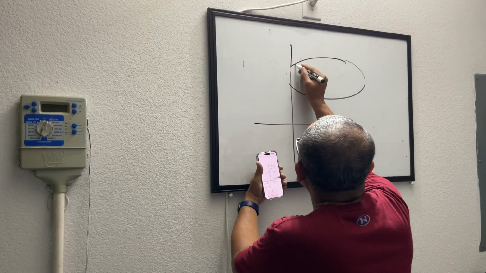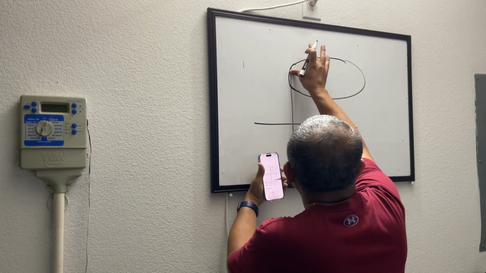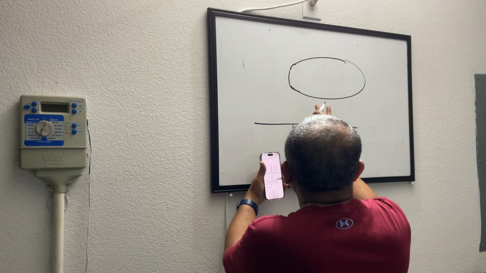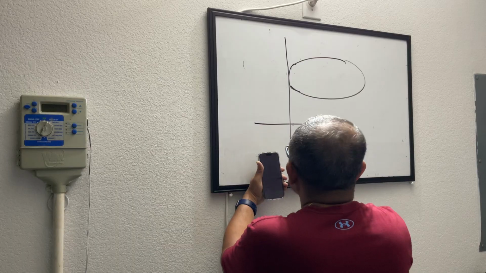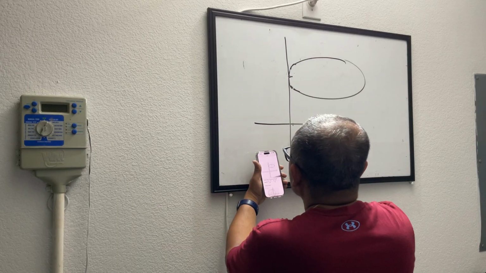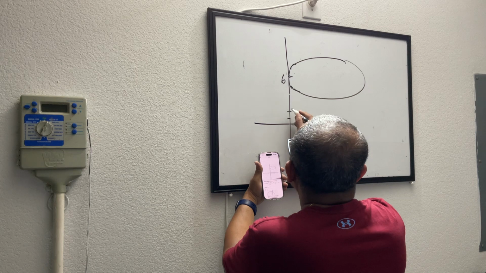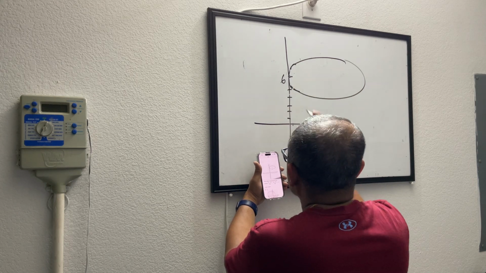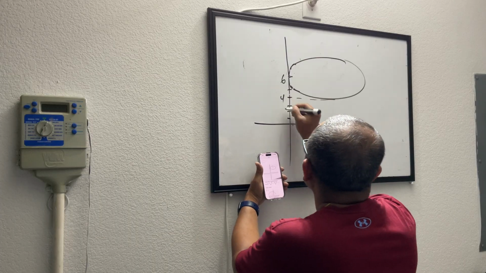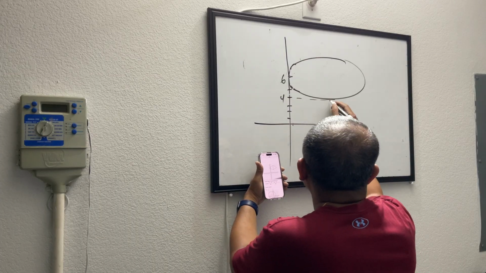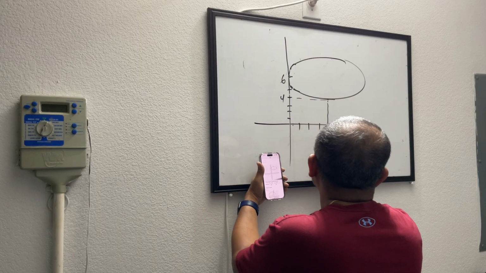And this point is 6. 1, 2, 3, 4, 5, 6. And this point is 4. 1, 2, 3, 4.